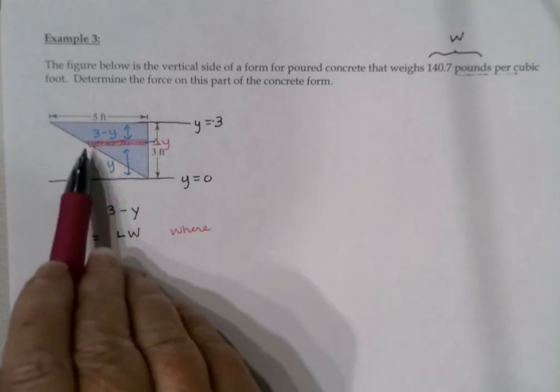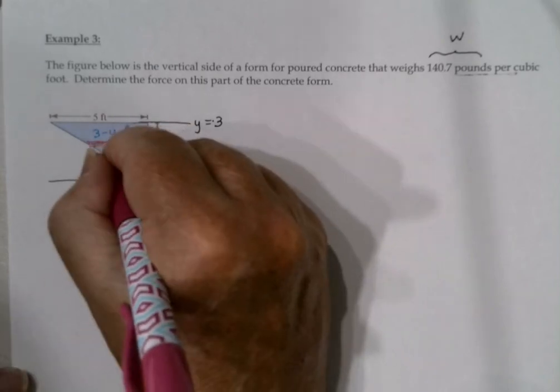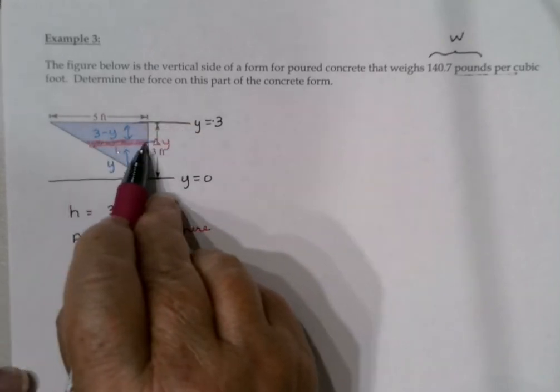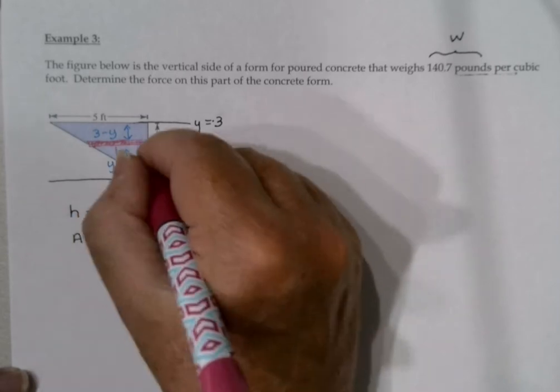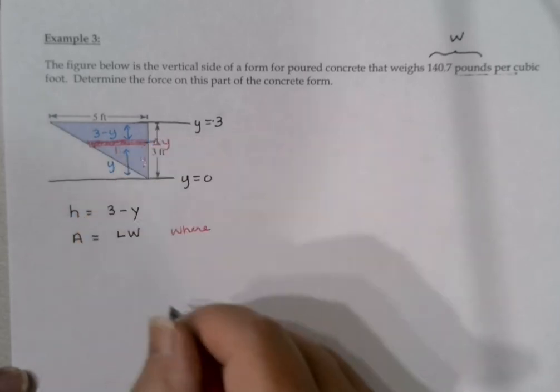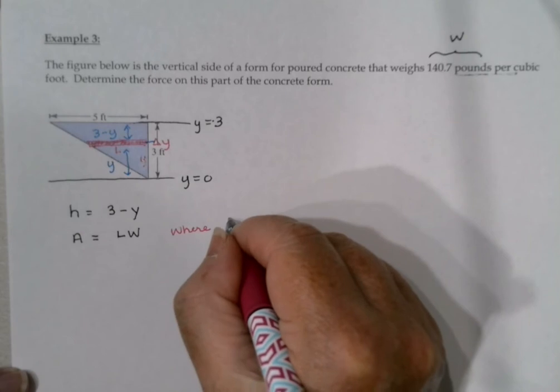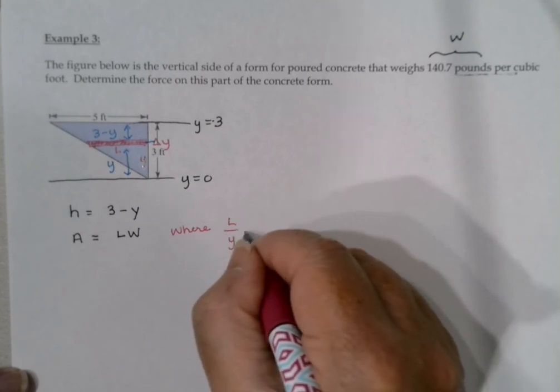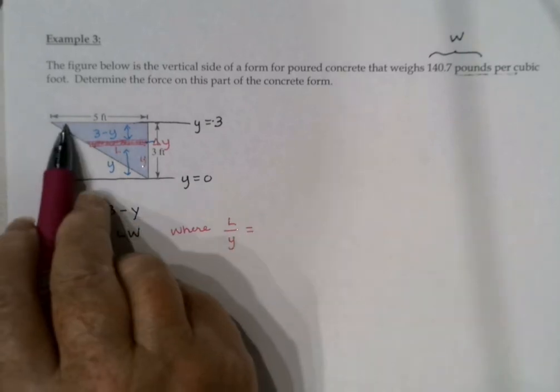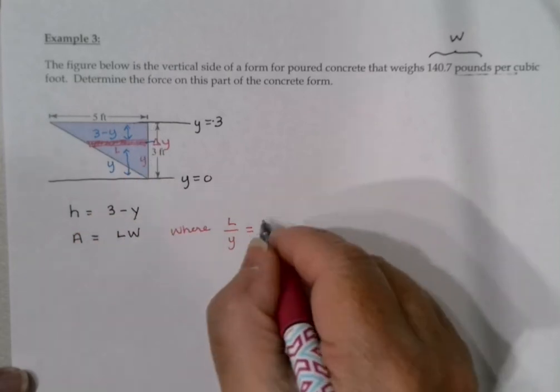And then I'm just going to use similar triangles to get the length. I'm going to say that if I call this L, the length of the rectangle, this height here is y, then L over y is equal to 5 over 3.